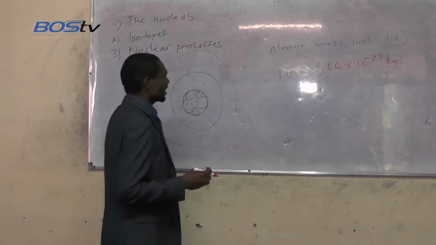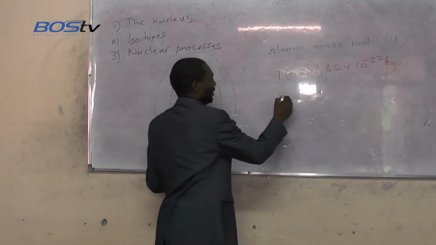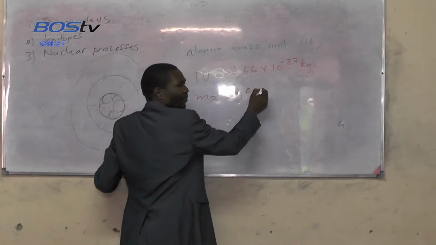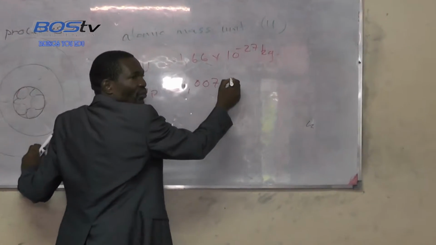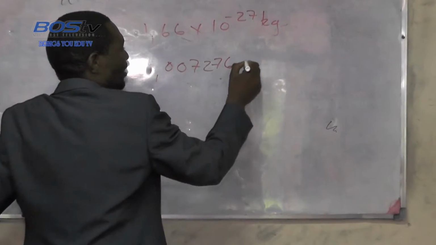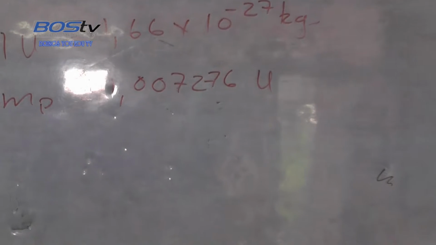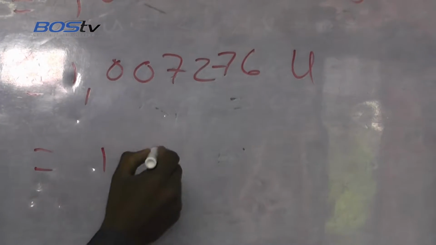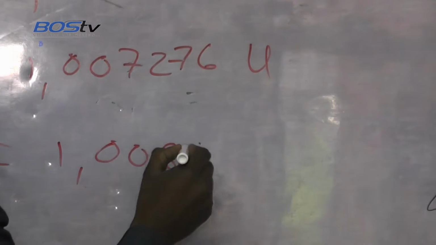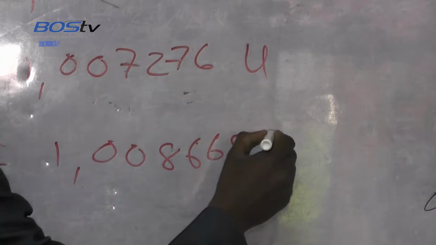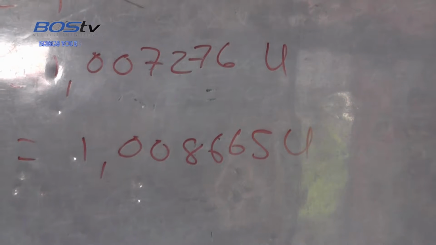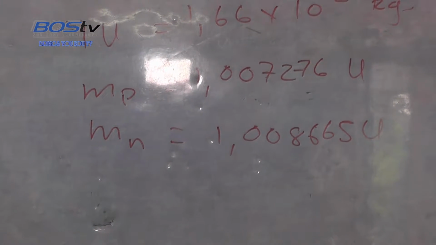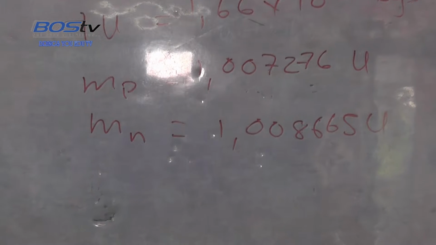So now, the rest mass of a proton is found to be 1.007276 U. Then that of a neutron is 1.008665 U. Of course, we can look at the mass of an electron, but we know the mass of an electron is very small, so we normally consider it negligible.